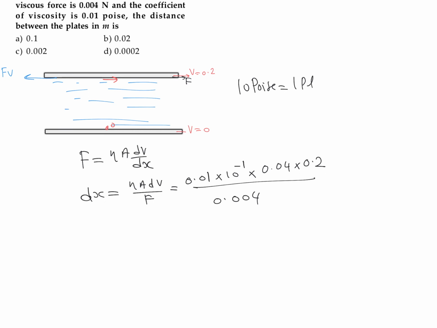So you can find out the value of this dx over here. This 0.04 and this 0.04 get cancelled, so the 0.1 term will be there. So this becomes equal to 2 into 10 raised to minus 3, or you can write 0.002.